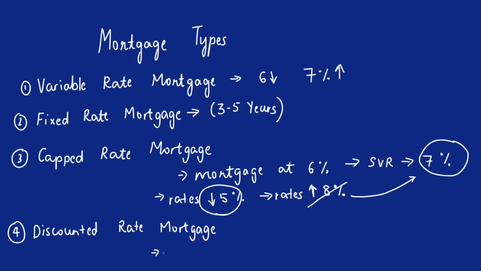If you're taking out a mortgage at 6%, the loan would be discounted, say, to 5% for the first 3 years. So they give you a bit of a discount for a small period of time, and what this does is it attracts people who are looking for a good deal, or some people who want to remortgage the house at a better rate. This is better suited for them.